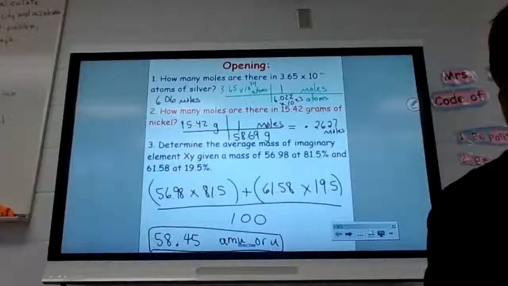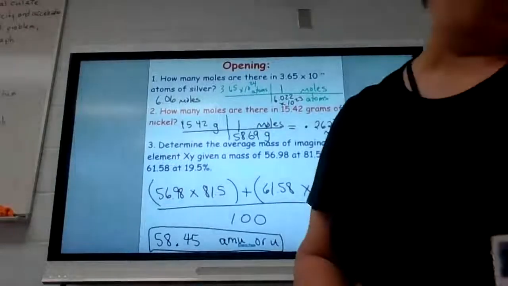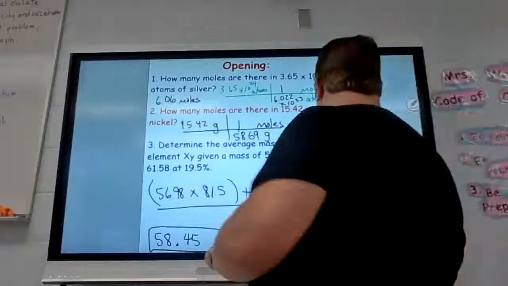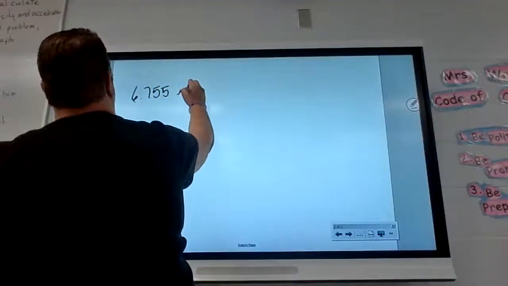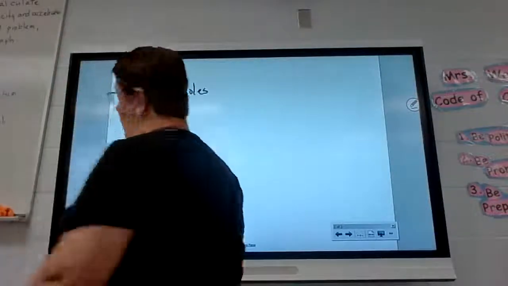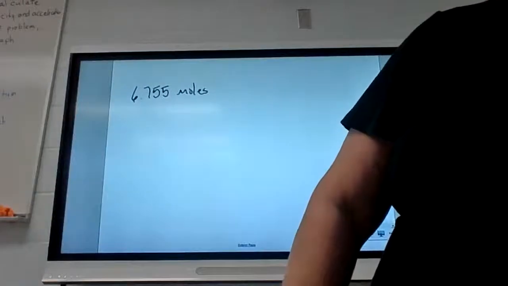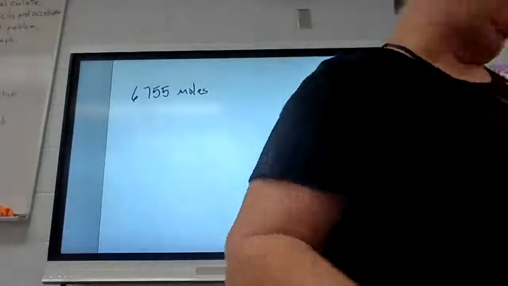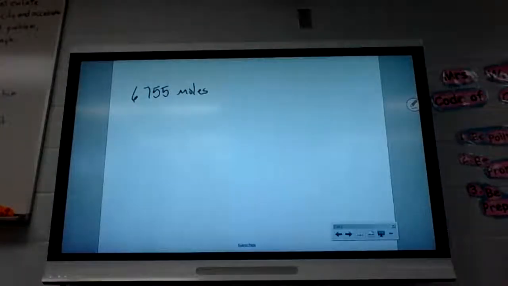Number 5 says we have 6.755 moles, and it wants us to find atoms. Now, is this one of the ones that's worded weirdly? If you look at question 3 and 4, see how it says how many moles of atoms?